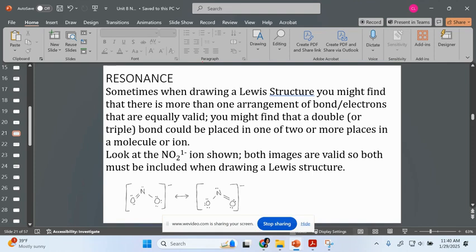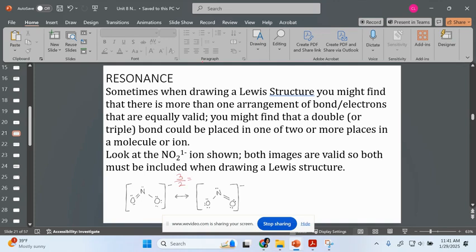So when we look at that, we go into something called bond order. The bond order of a double bond is 2 and the bond order of a single bond is 1. But the way we calculate bond order is the number of bonds over the number of bond sites. So how many bonds do I have here? 1, 2, 3. How many bond sites? 1, 2.